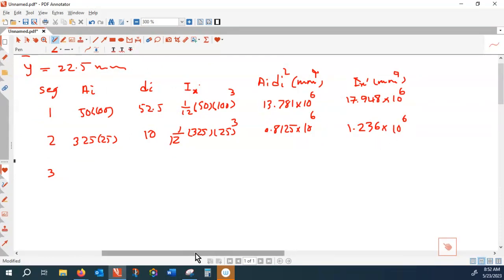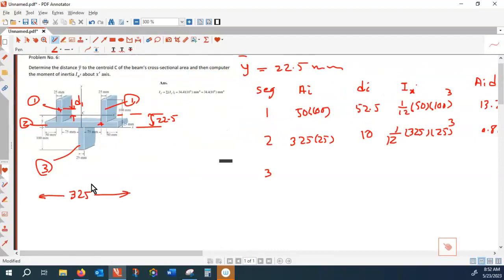And lastly is the shape below, the shape number 3. The area for that one is 25 multiplied by 100. And what about the distance? Here I've got 55 below the axis.